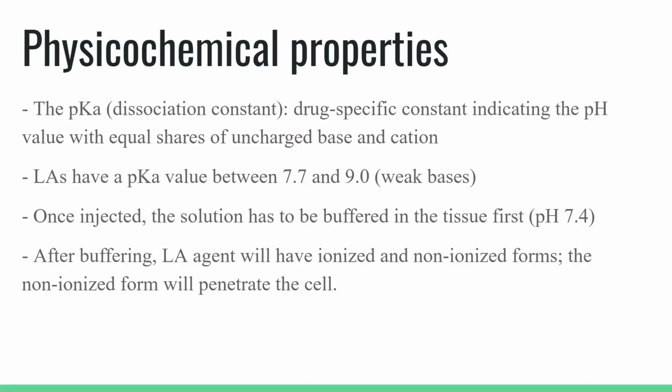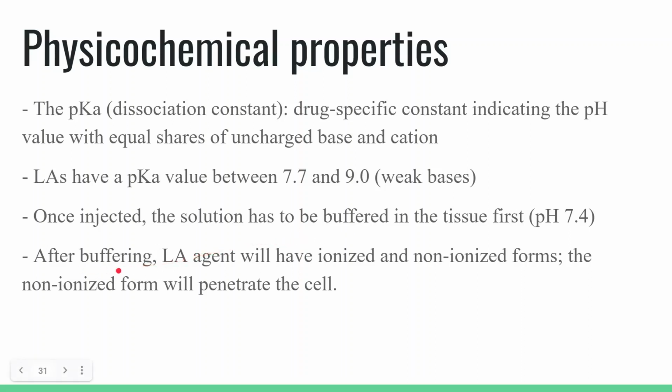This buffering will include a donation of protons from the tissue medium to the weak base. Remember what we said, when the pKa is higher than the tissue medium pH, there's going to be a donation of protons from the tissue to the weak base itself. This is what we call buffering, and it means there's going to be a specific proportion of the ionized and the unionized form, as we will see later.